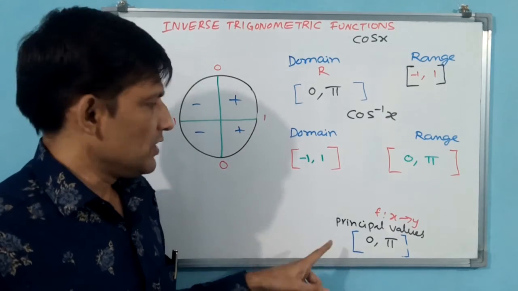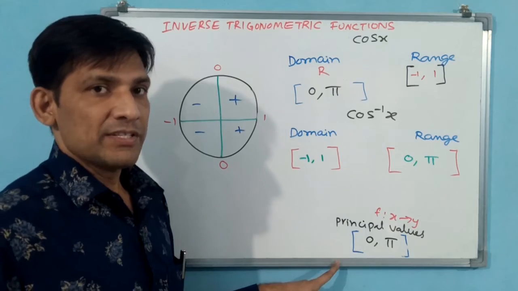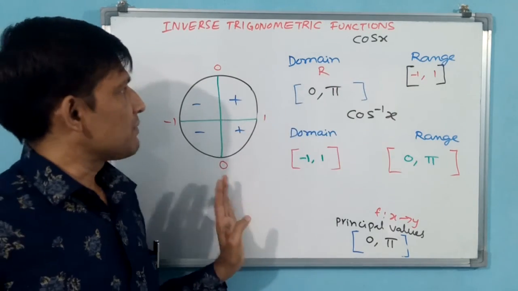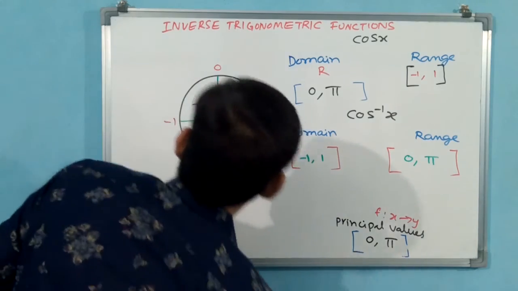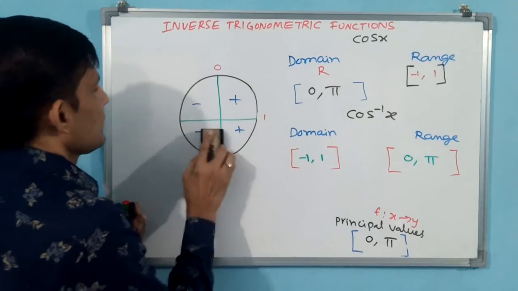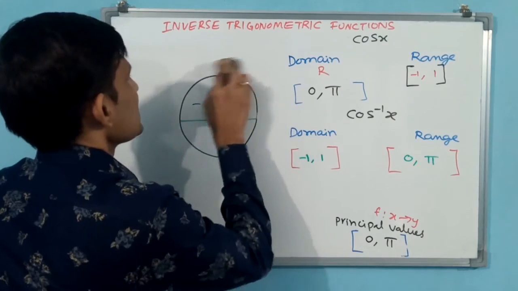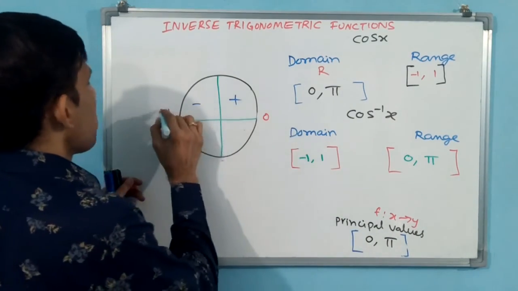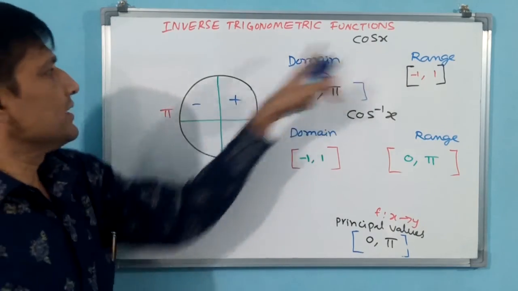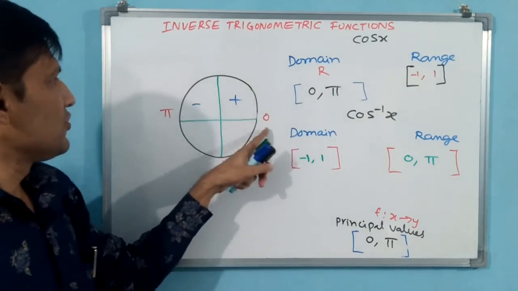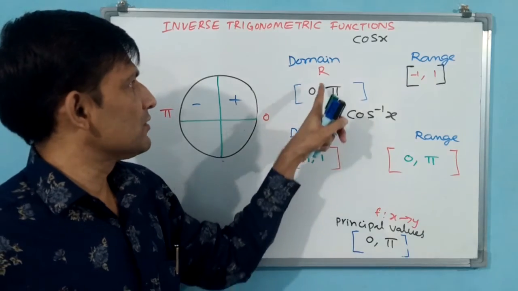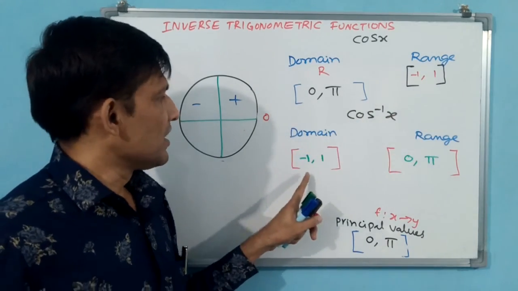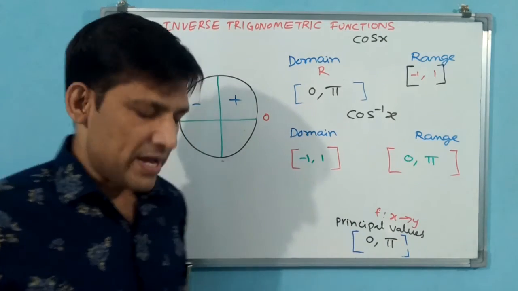You have to understand the principal values for each. Each is different. For sine, minus pi by 2 to pi by 2; for cos, 0 to pi. Cos x domain is minus 1 to 1. Cos inverse x range is 0 to pi.